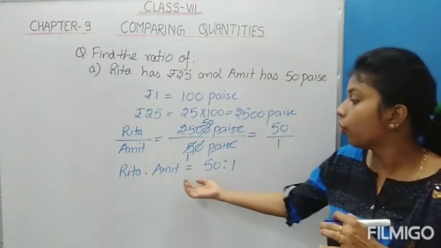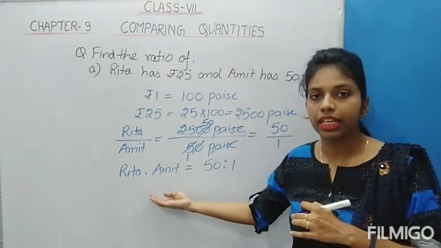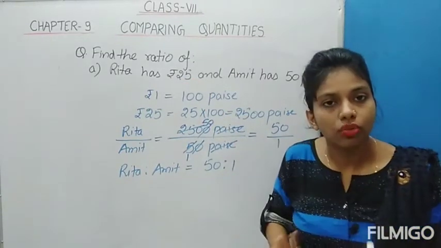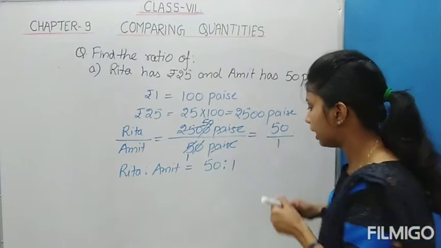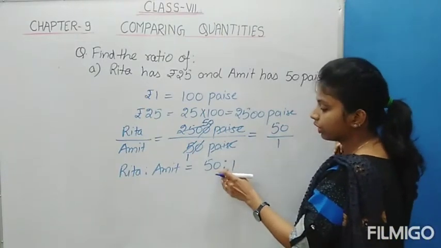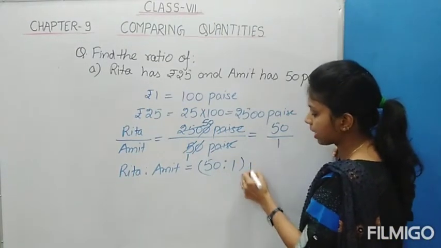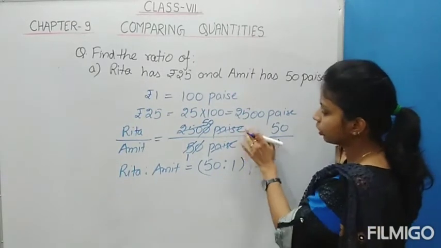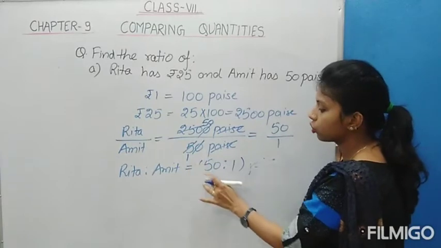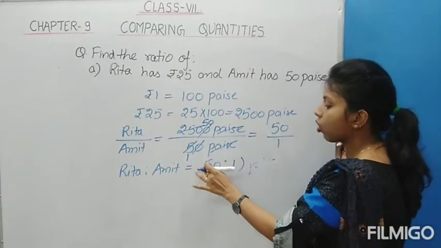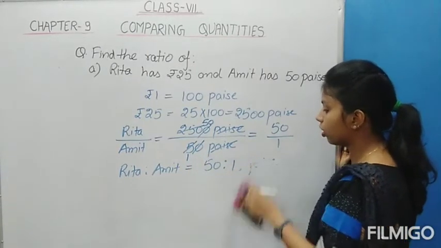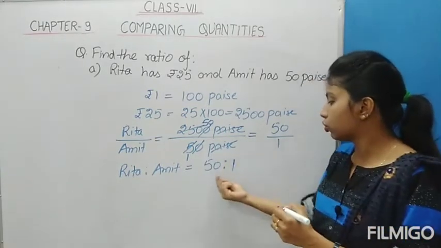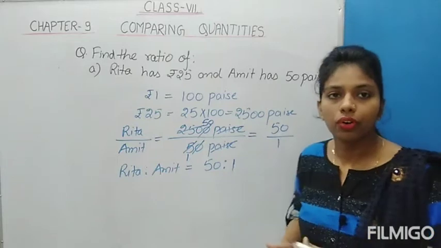This is how we can represent quantities in the form of ratio, and we cannot write it like 50:1 paise. Ratio never has any unit because the units get cancelled with each other. So ratios are always unitless. We read this as 50:1 or 50 ratio 1.